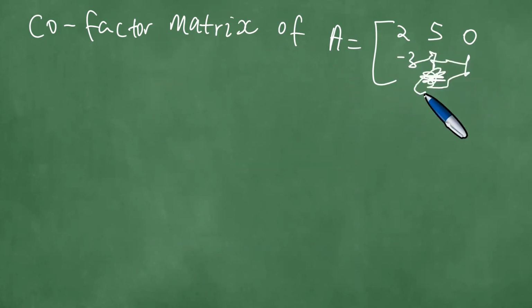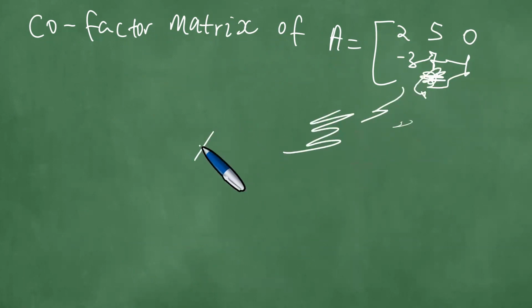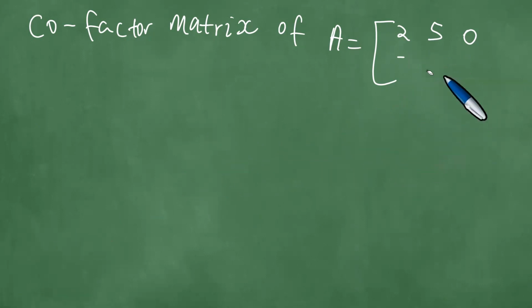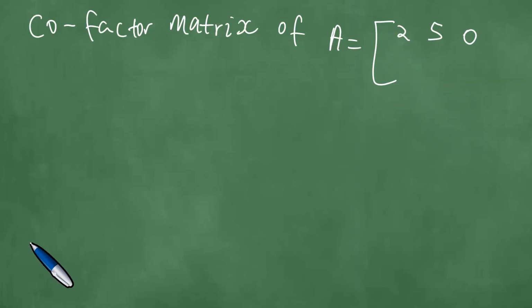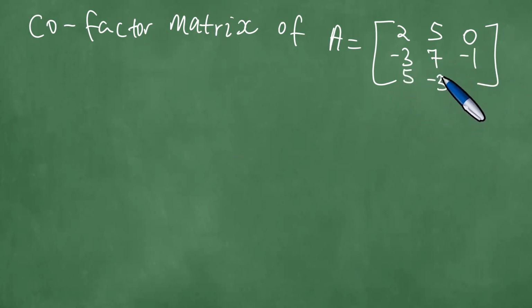Okay, I'm just going to clean this up, please. So I'm writing down the matrix A. So it's 2, 5, 0. It is minus 3, 7, minus 1. It is 5, minus 3, 1.